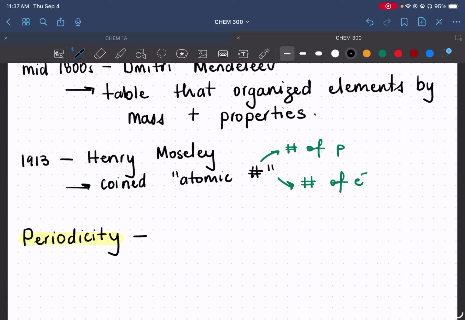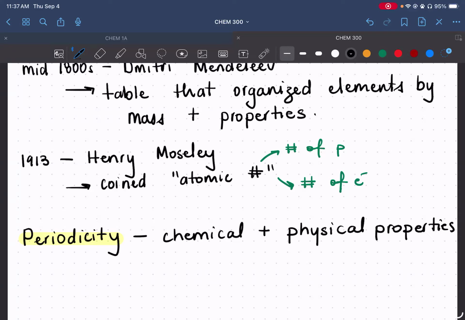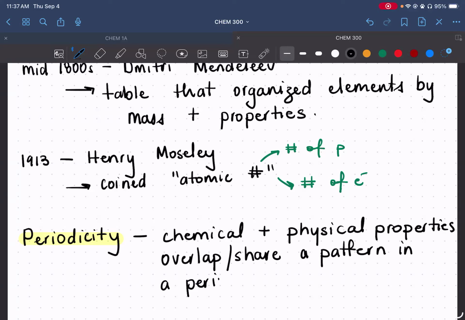They observed a concept known as periodicity, where chemical and physical properties overlap, or more specifically, share a pattern in a periodic, or predictable, way.